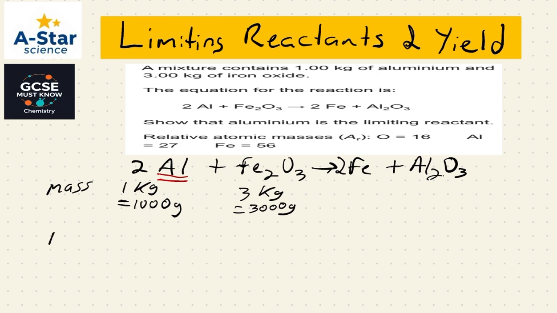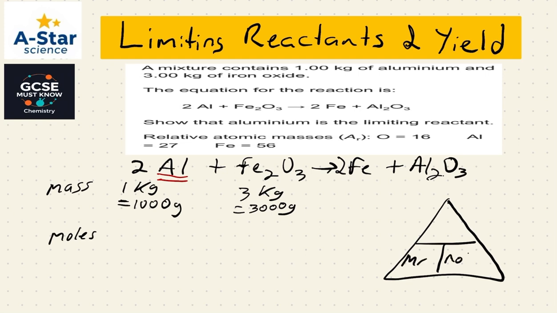How do we do that? Well, we need to determine the moles, because we said the limiting reactant is the one with the least moles. So this is a really helpful saying that I remember for moles. It's Mr. Mole mass. And of course, Mr here means the molecular mass or the formula mass.